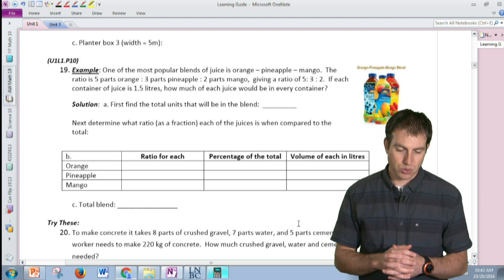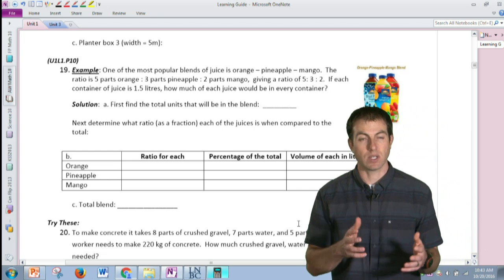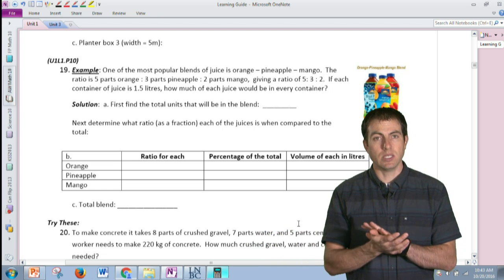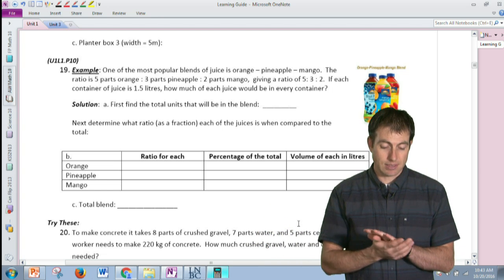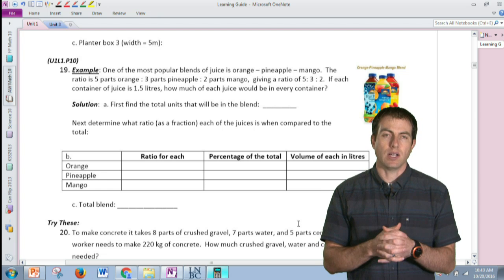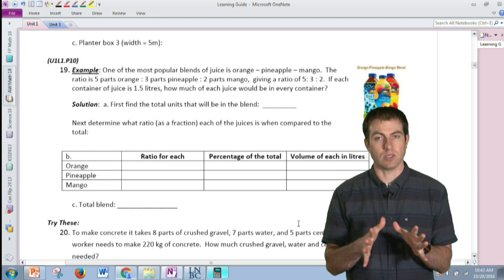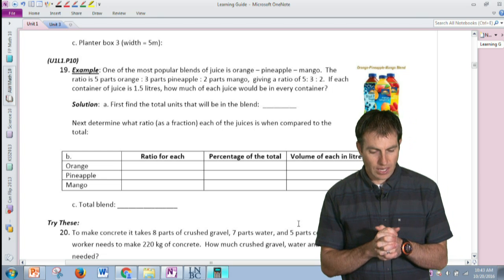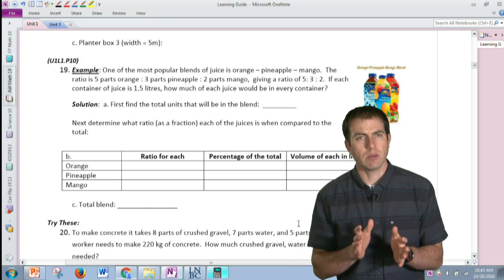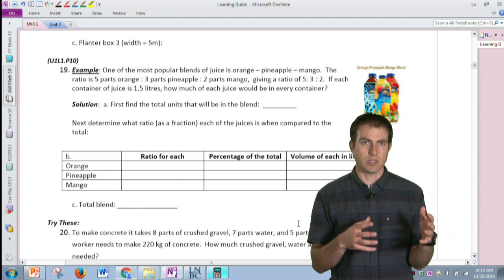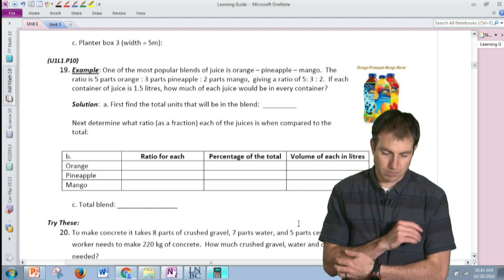When you have multiple ratios happening at the same time, I'm going to insist that you draw a table. It organizes everything and makes calculating the answers really easy. Otherwise you can get lost in the question. There are so many numbers, this part, that part. It's really confusing. So let's read through it.